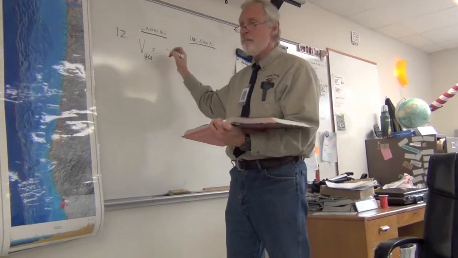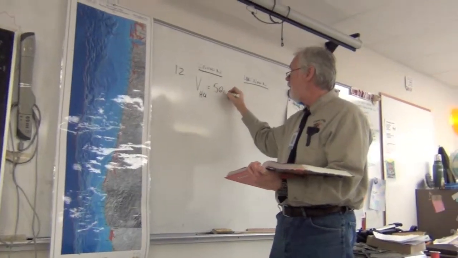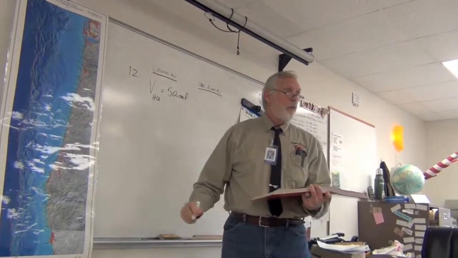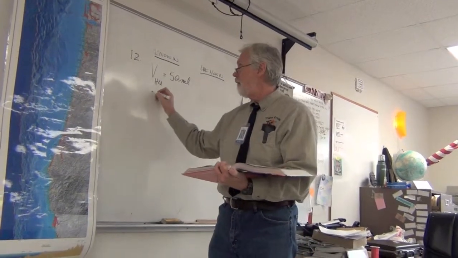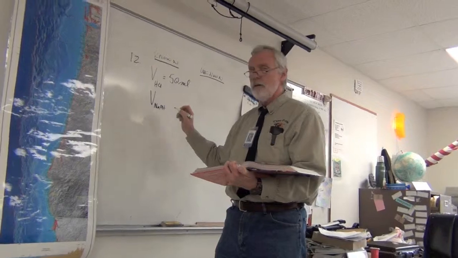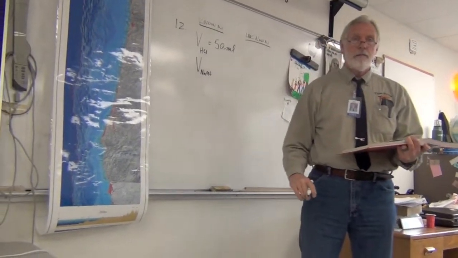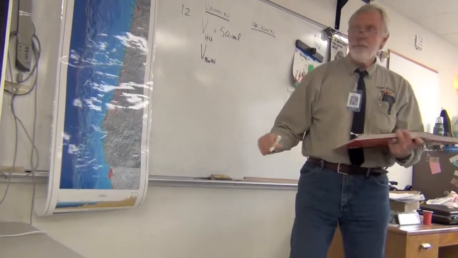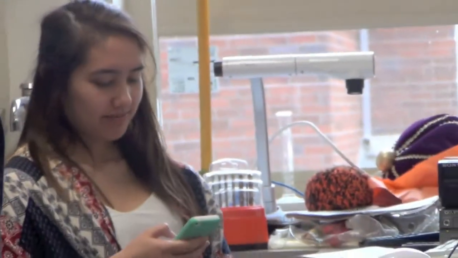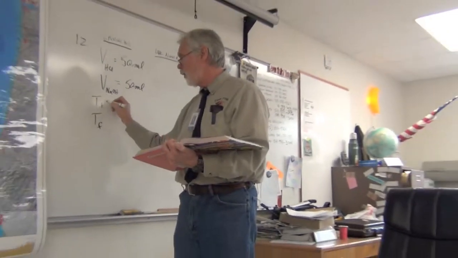And what is that? 50 milliliters of HCl. We are also given the volume of NaOH. What is that? 50 milliliters.